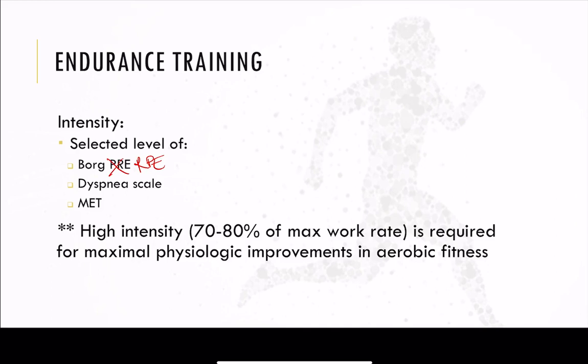The higher the intensity, the more physiological improvement you will get from aerobic fitness. So this one, you have to judge what the patient is capable of and what is possible. But the goal is to prescribe exercise that does have higher levels of intensity, whether that's moderate intensity might be more appropriate, or if they can accomplish higher intensities, they will get more out of the training.